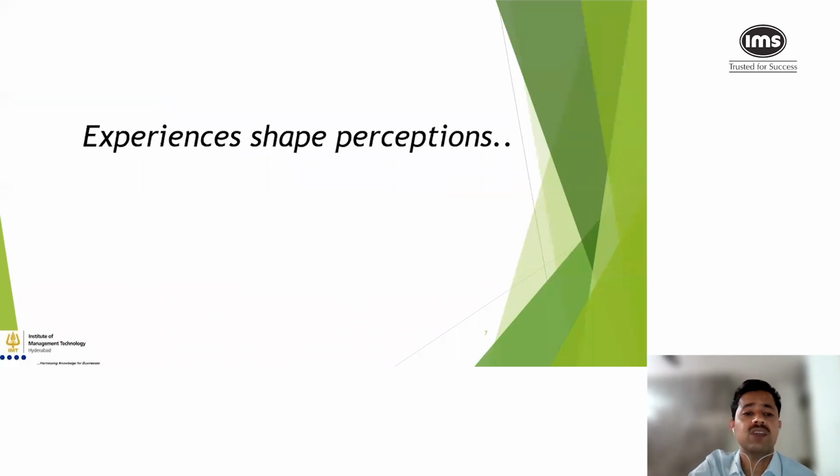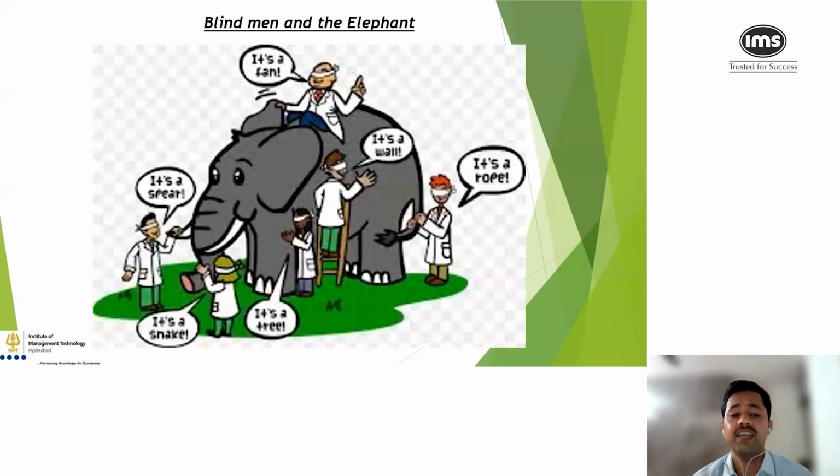It's something similar to the story of the five blind men and the elephant, where if somebody catches the tail of the elephant, he thinks the elephant is a rope, or if somebody catches the trunk, he thinks it's a snake. So based on your awareness and experiences, you try and classify that domain.